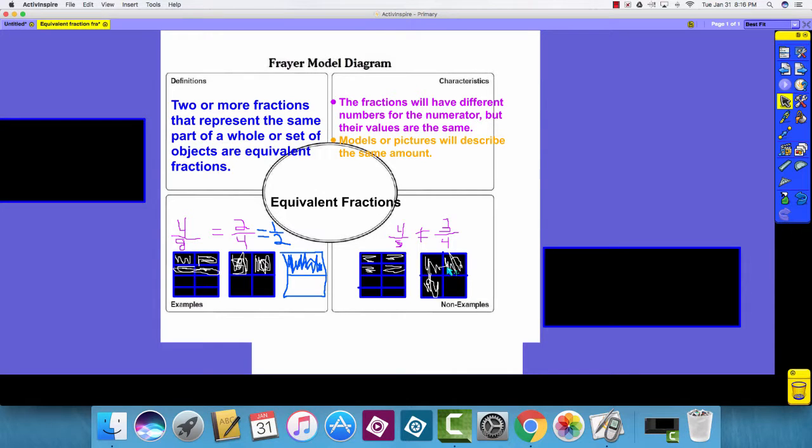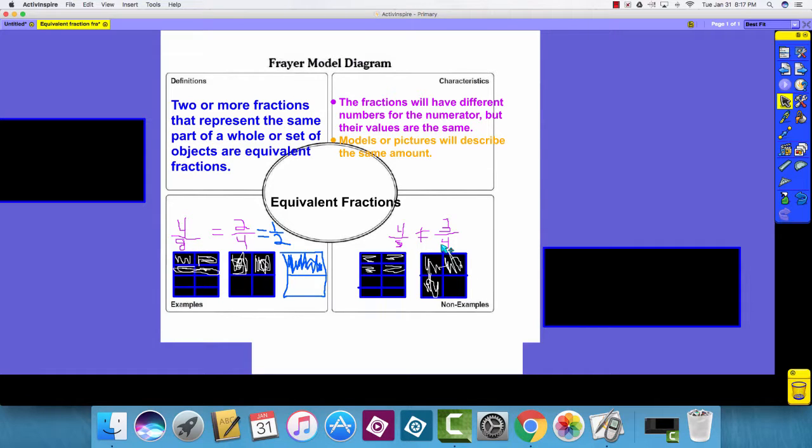And this square over here, I've divided into 4 equal parts, just like over here: 1, 2, 3, 4. And in this square, I only have 3 of those equal parts shaded. Now, if I'm comparing 4/8 and 3/4, I can see that they are not equivalent. They're not the same. I have more shaded over here than I do over here. So 4/8 is not equal, not equivalent, to 3/4.